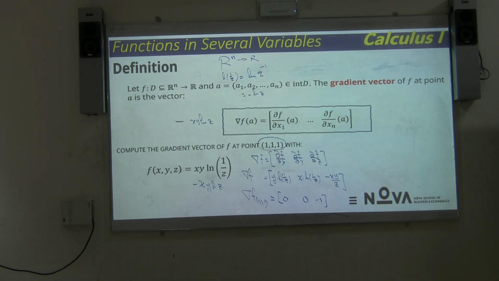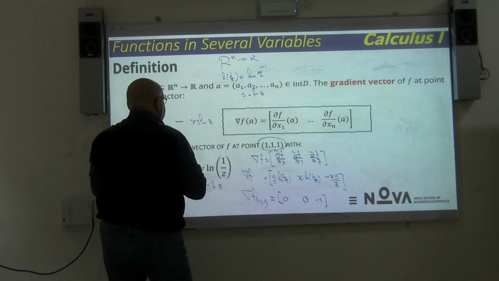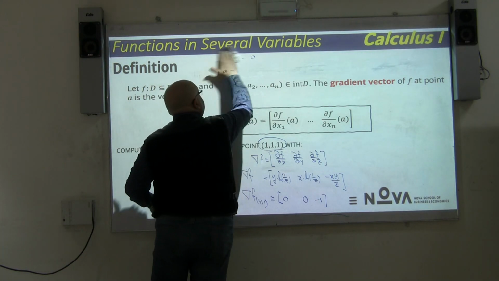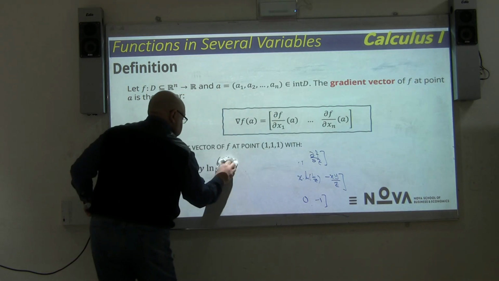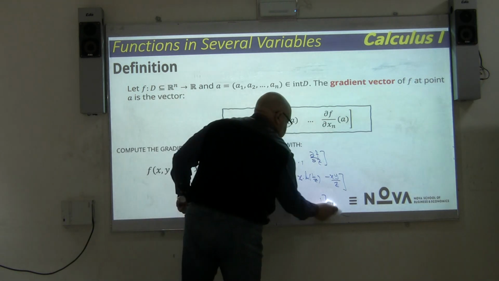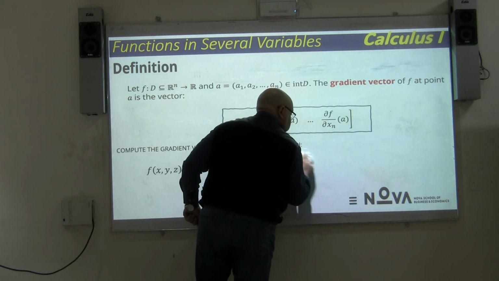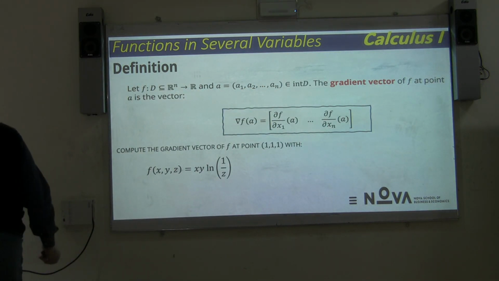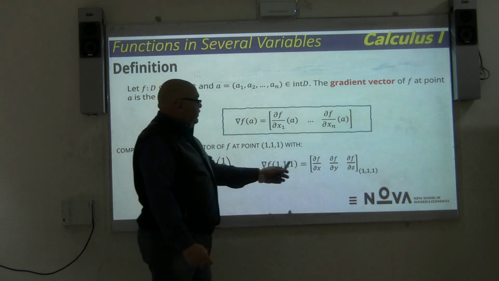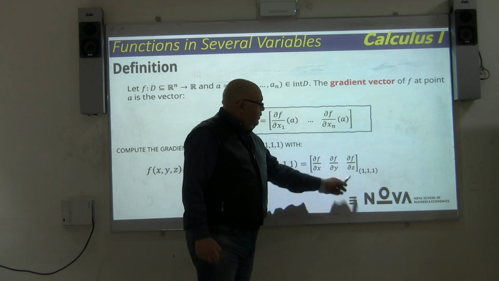From all of this, I can evaluate simply the value of the derivative of any function at the required point, as you can see. So, once more, I will get the derivative with respect to x, with respect to y, with respect to z.